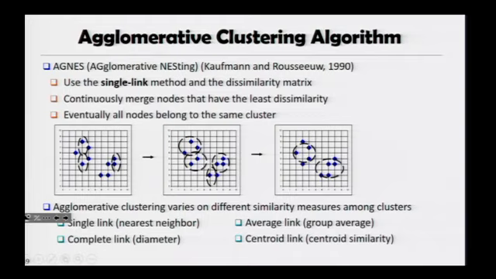And then, having some way to define this dissimilarity matrix, they continuously merge the nodes that have the least dissimilarity, or just merge the nodes with the best similarity. And eventually, all these nodes come together to form one single gigantic cluster.